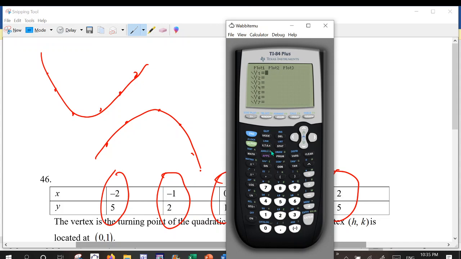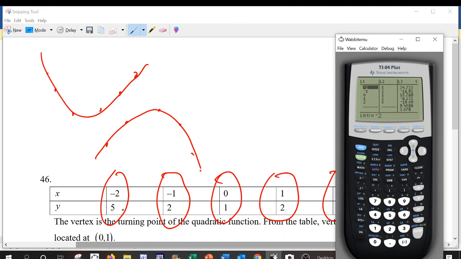And then we go to STAT, Edit. You see there are 2 columns here, L1 and L2. I already put these numbers in there so I can save time. So you see I put the x values. As you see, the x values are right there, right?